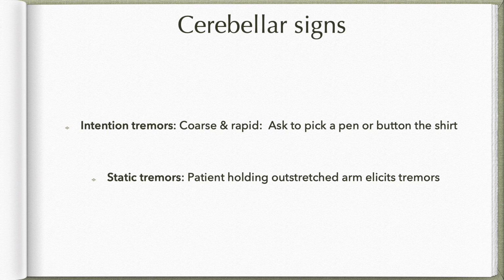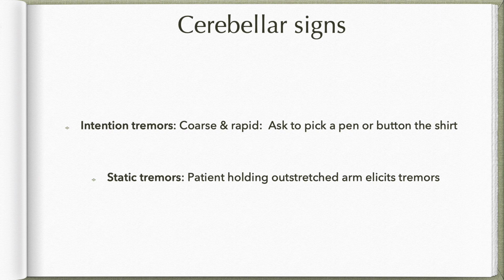You can exhibit this by asking the patient to pick up a pen, button a shirt, or even open his wristwatch. You will see that the hands shake rapidly and in a coarse fashion, as the patient nears the pen or shirt button, or in case of removing a wristwatch, as he nears the wristwatch.